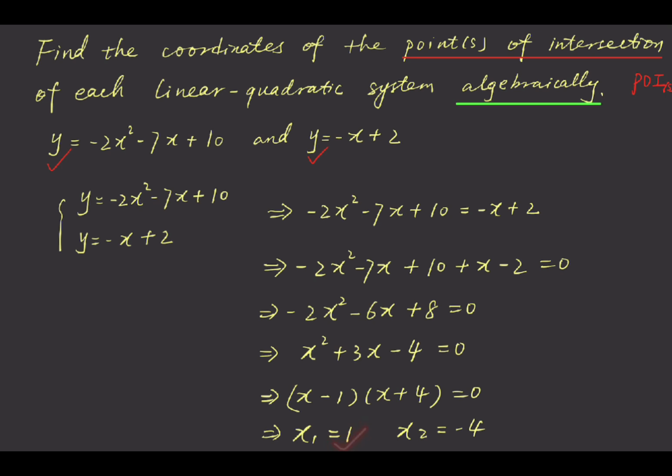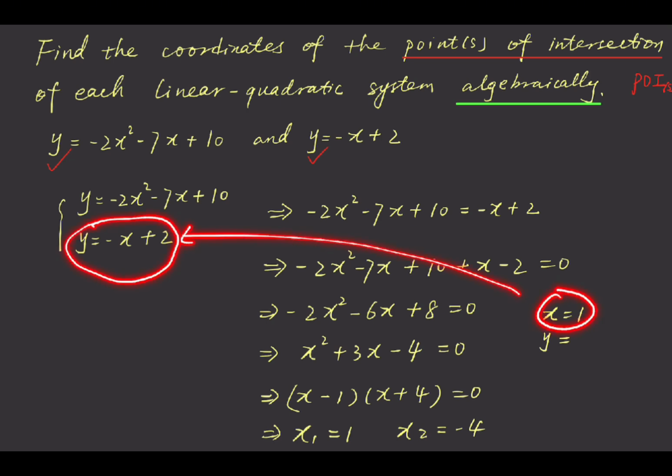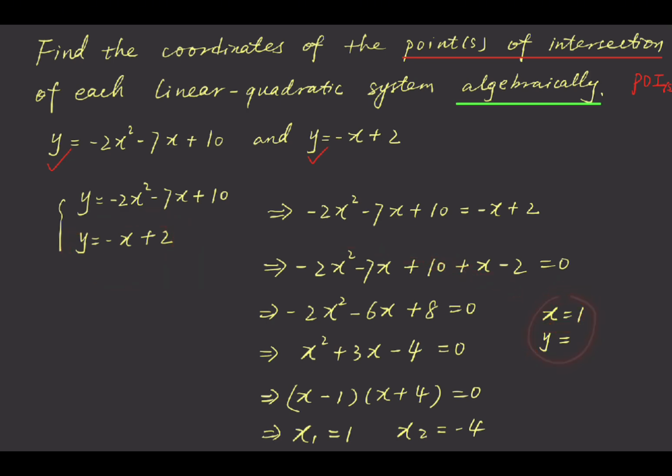This is the first, this is the second, meaning this is the first x coordinate, this is the second x coordinate. Correspondingly, if x equals 1, y equals, of course, you can plug this number back into this straight line, because this point should be on this parabola and this straight line simultaneously.